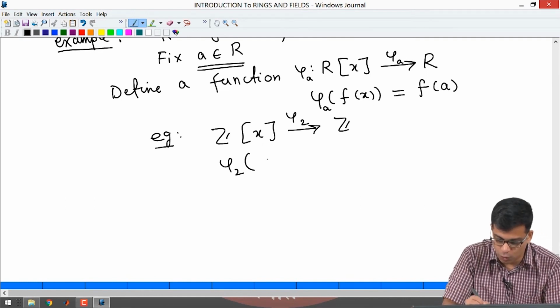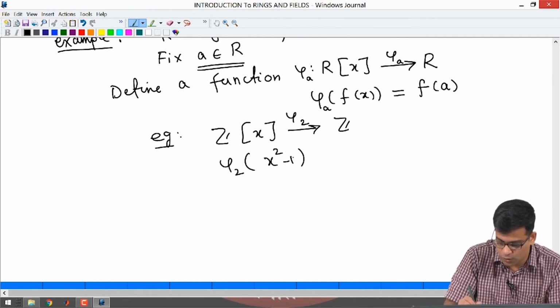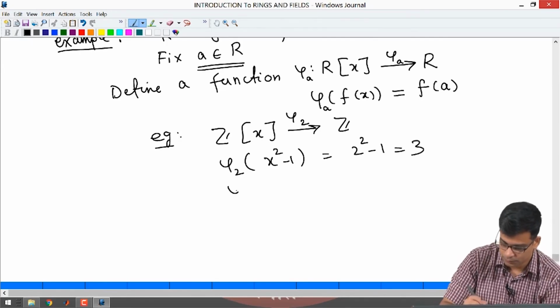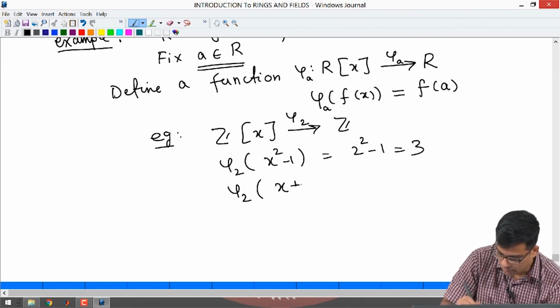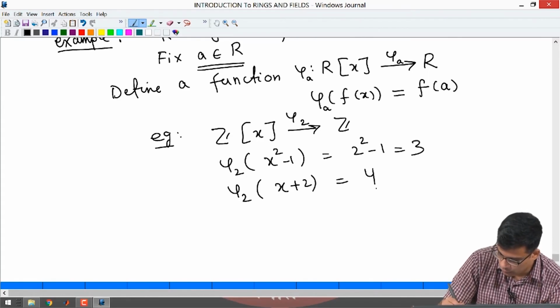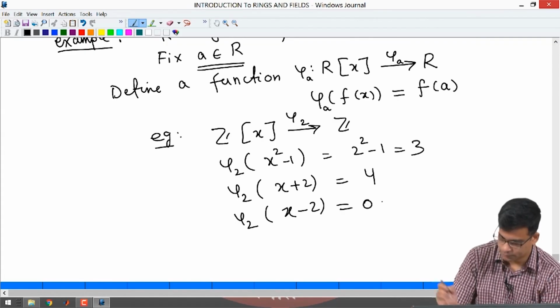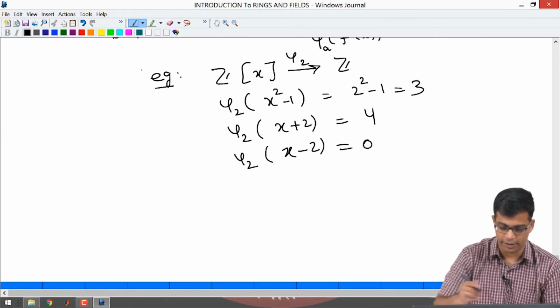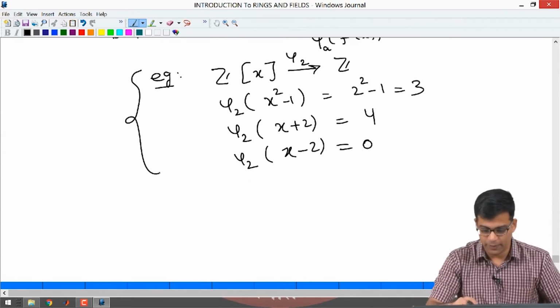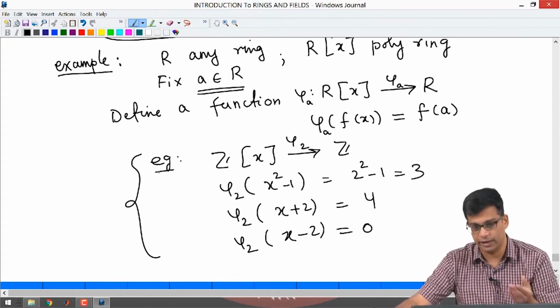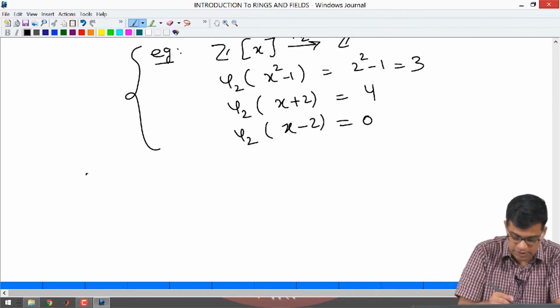Phi sub 2 of x squared minus 1 will be simply 2 squared minus 1, that is 3. Phi sub 2 of x plus 2 will be 4. Phi sub 2 of x minus 2 will be 0. So, you understand, you take a polynomial, replace x by that element a and you get a ring element, that is this map. So, this is an exercise now.